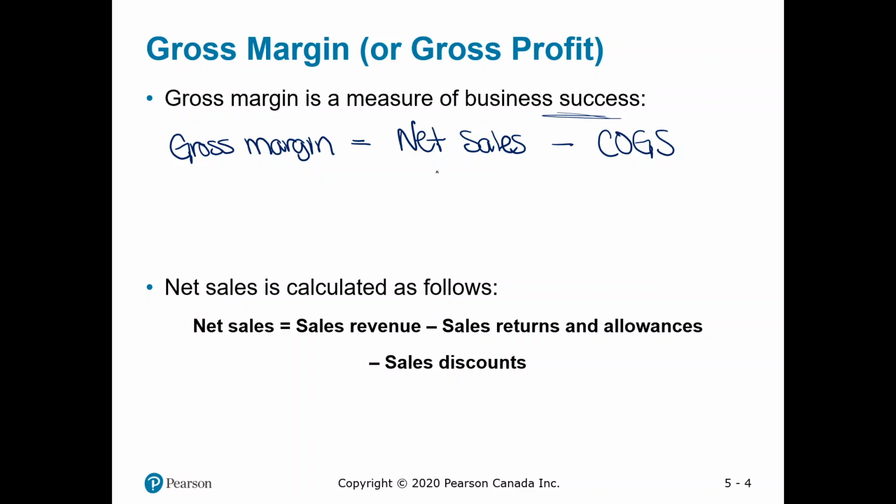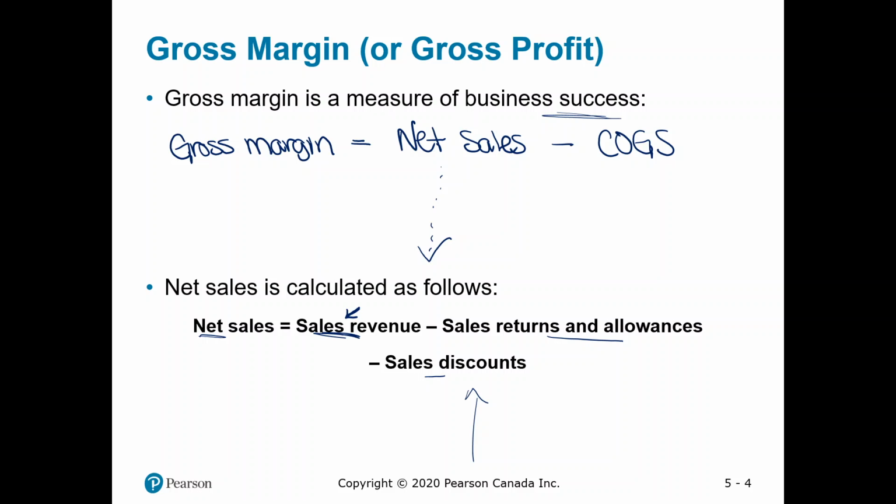And net sales, as you can see down here, is calculated as our sales revenue. So this is the gross amount that you're selling it for, but then you could also have sales returns and allowances or sales discounts. And these are subtracted because they decrease this gross sales revenue to get to the net amount. So we'll talk about sales returns and allowances and sales discounts in more detail in a future video.